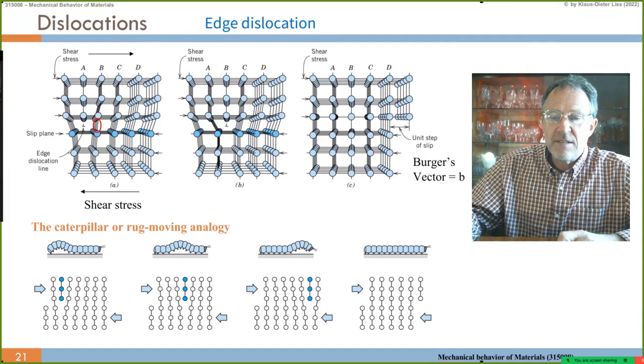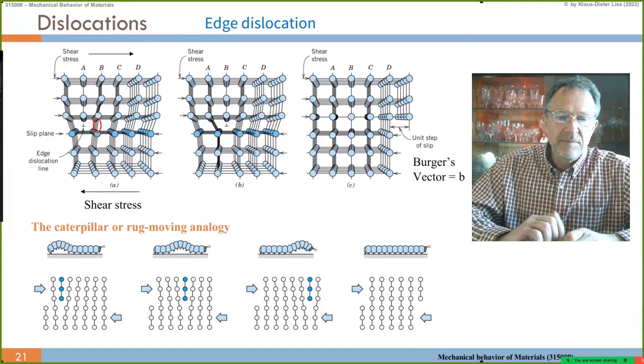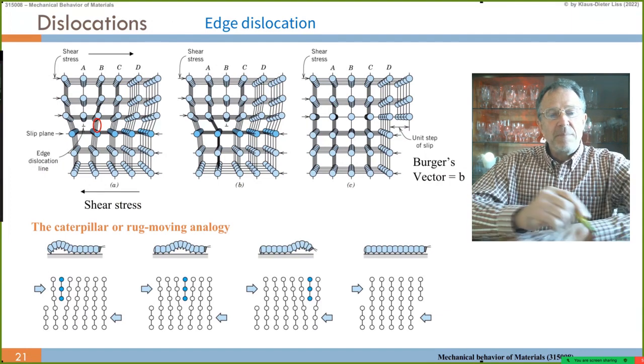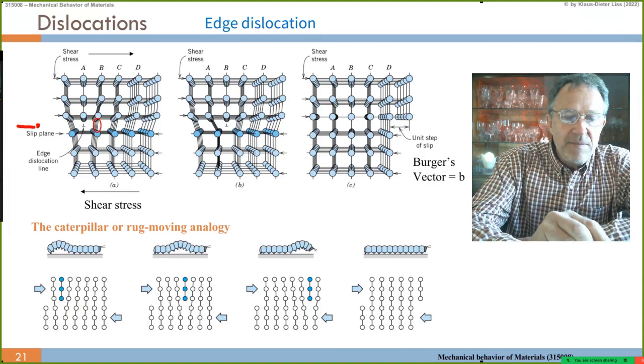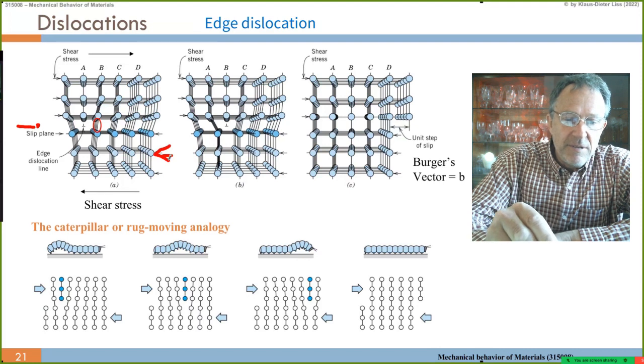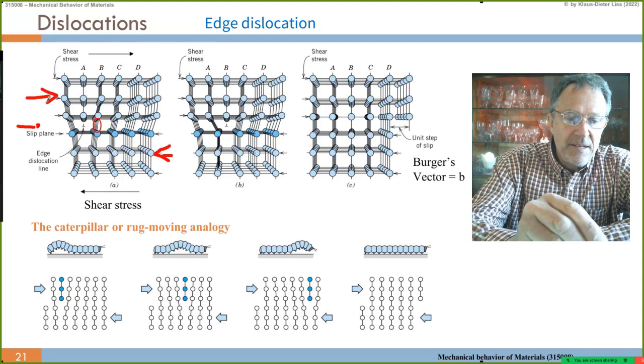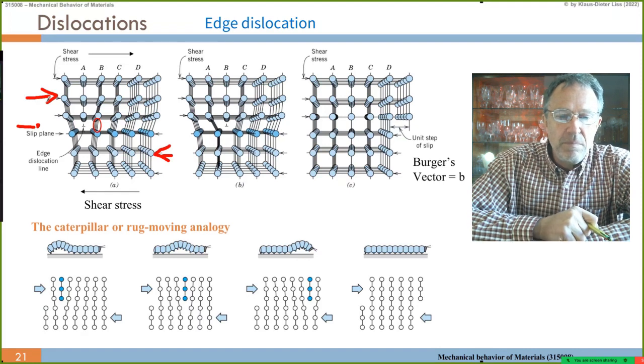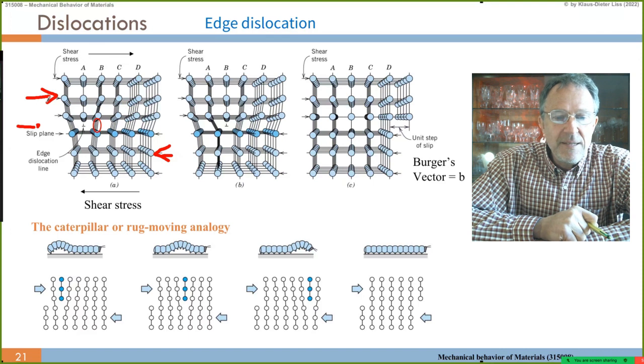So how does a dislocation move then? For example, we have a dislocation there in the first figure and apply shear stress as shown there. So here we push in this direction, and at the top we push on to the right.